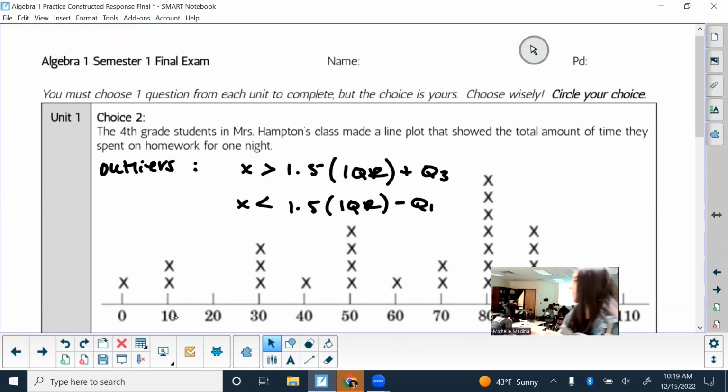you have a formula for when you're looking at a lower extreme versus a higher extreme. So basically, if it's 1.5 times the IQR plus whatever your third quartile is, if it's higher than that, then it's an outlier. So that's what the first one is, your upper extreme.